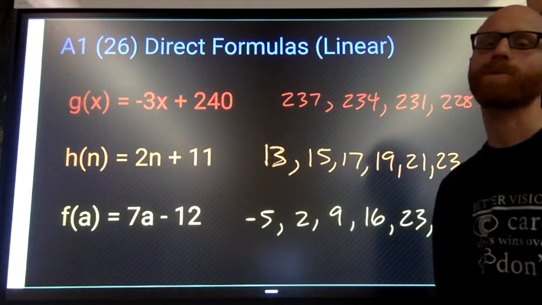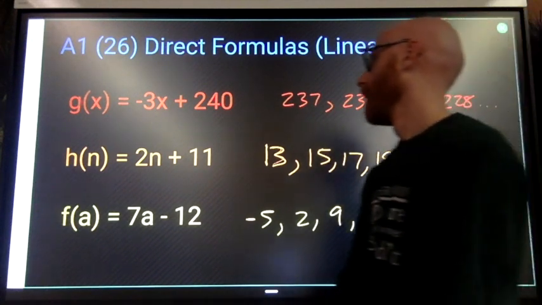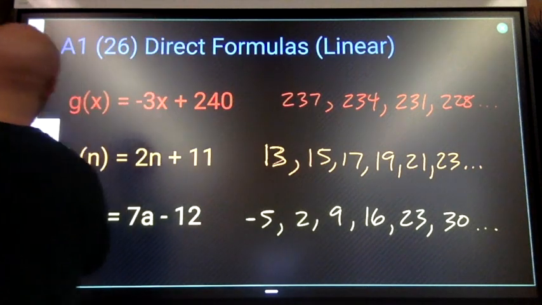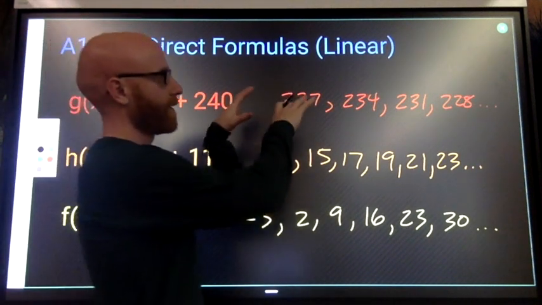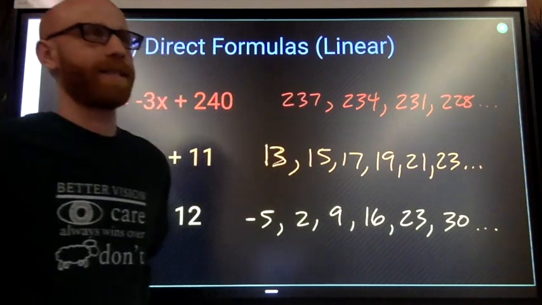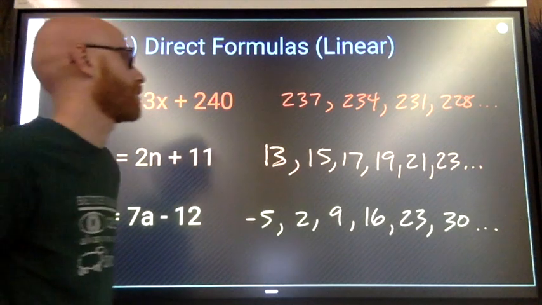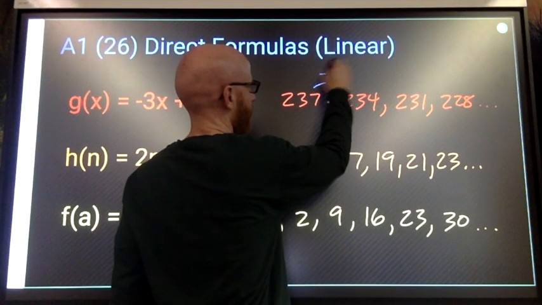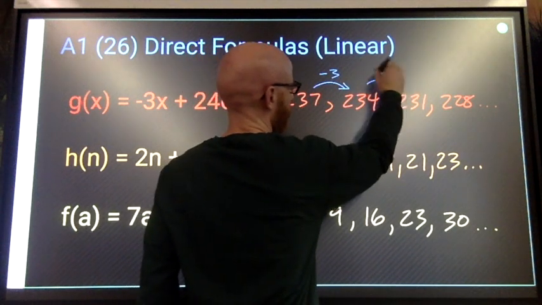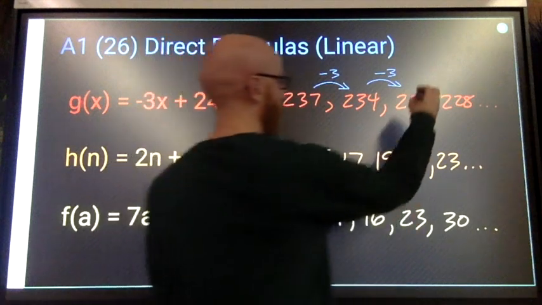Now, what we want to be able to do is go backwards, okay? This is how that will look. If you remember back to lesson 19, when we were looking at recursive rules, you know that we could look from one term to the next and see a pattern, right?